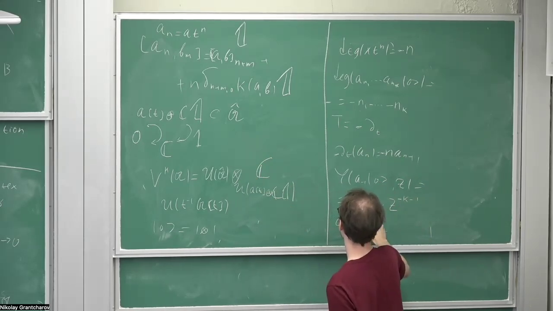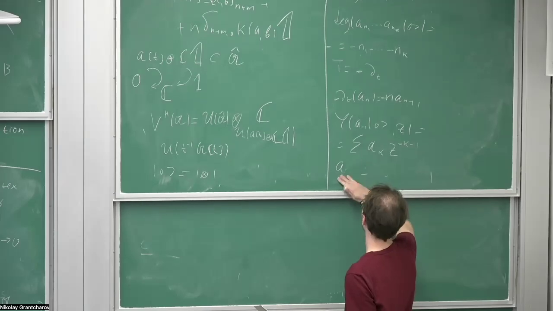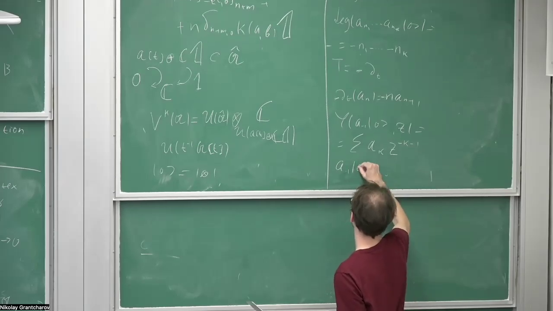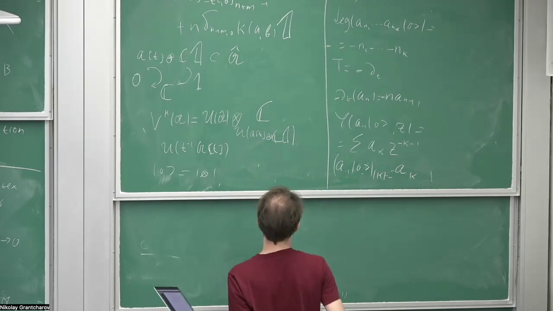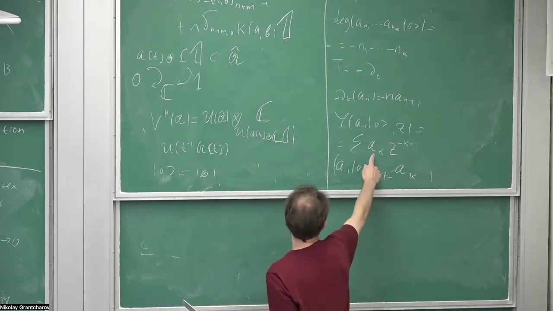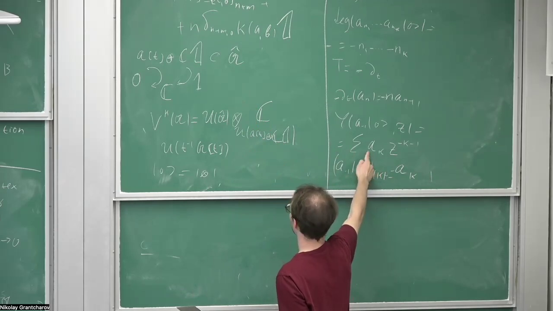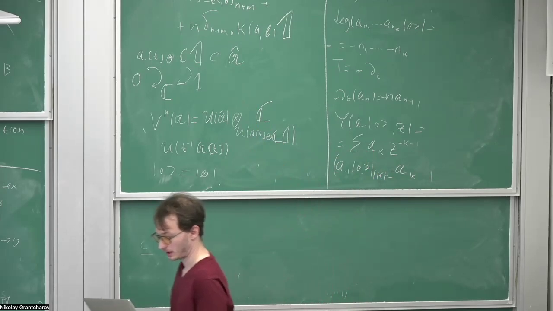So a_k is the endomorphism corresponding to a_{-1}, and here by this element I mean multiplication by this element.